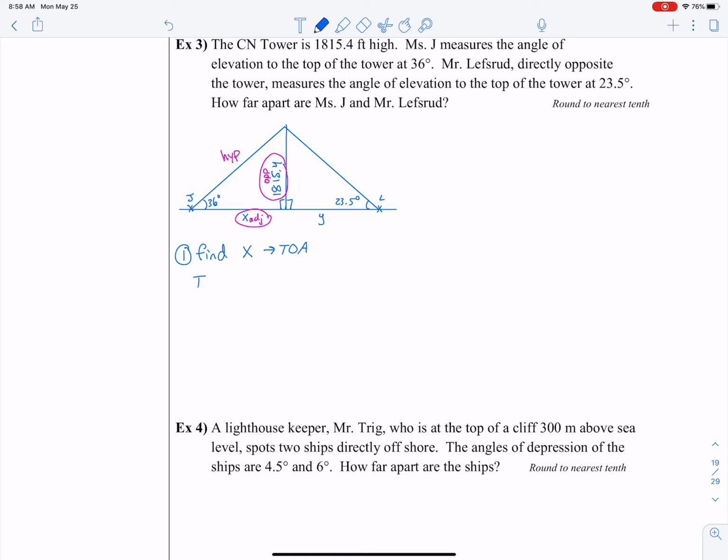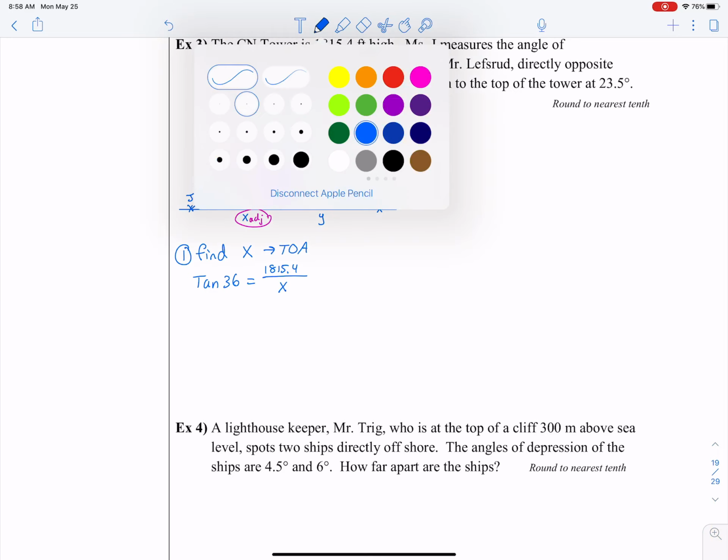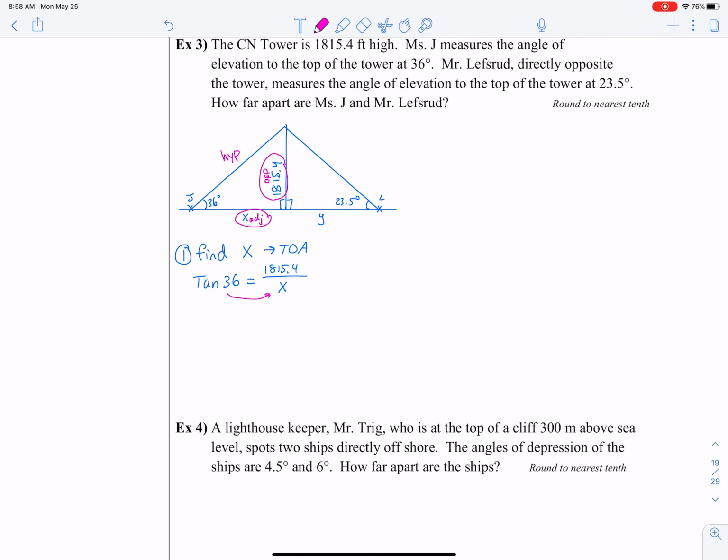So tan of my angle, which is here 36, is equal to opposite, which is 1815.4, over adjacent, which is X. My letter's on the bottom, so I'm going to switch. So I get X is equal to 1815.4 over tan of 36. So I get X is equal to 2498.68. All right, so that's finding X.